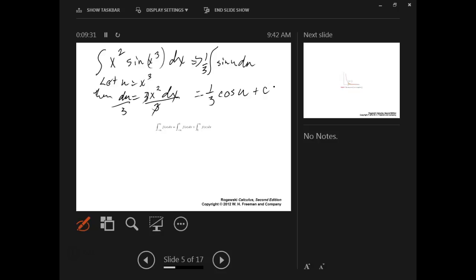But we didn't really start with u's. We started with x's. So what would the answer be in terms of x's? There is a minus sign hiding there.